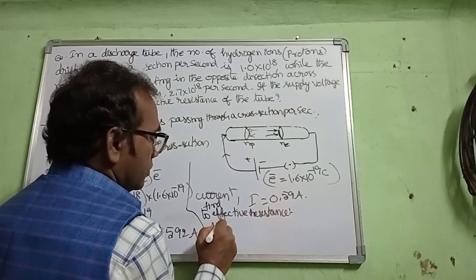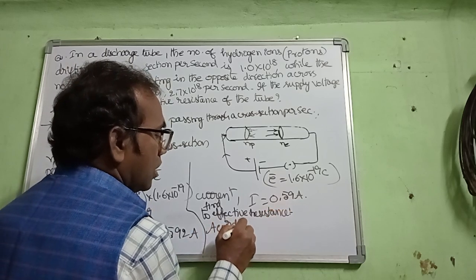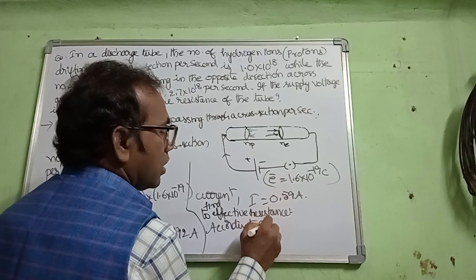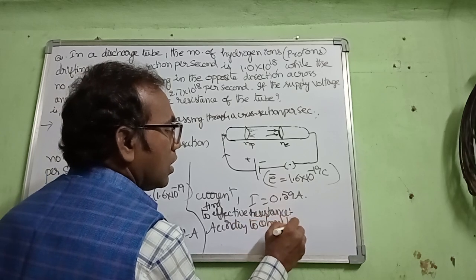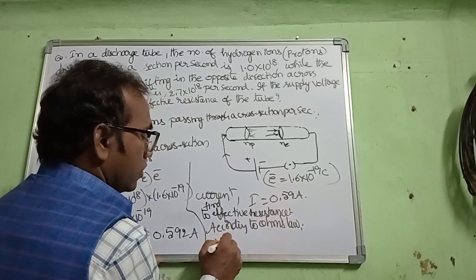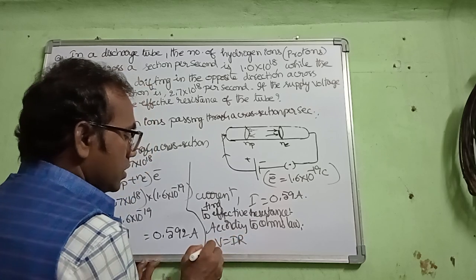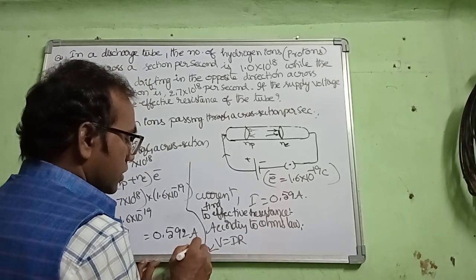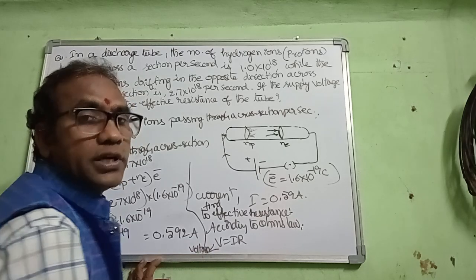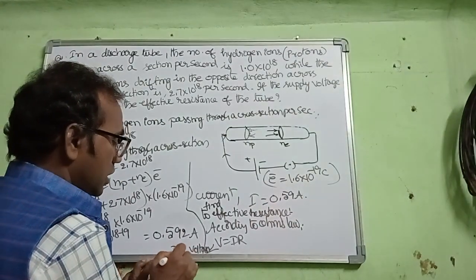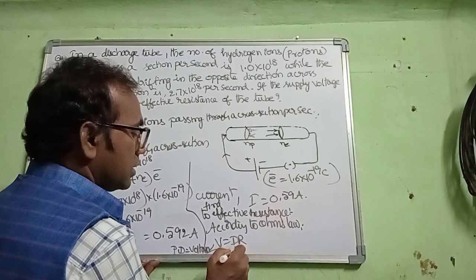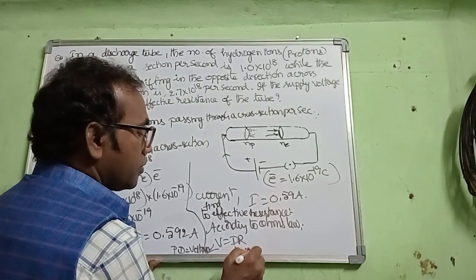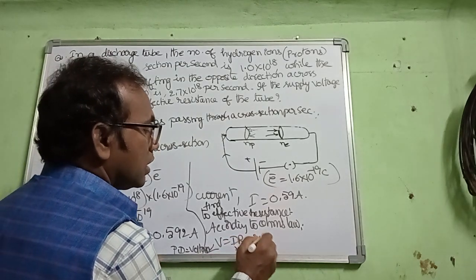According to Ohm's law, V equals IR, where V means voltage or potential difference, I means current, and R means resistance.